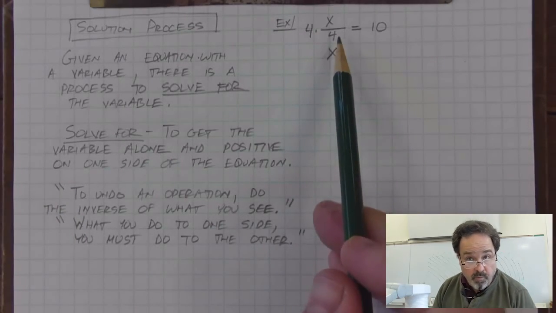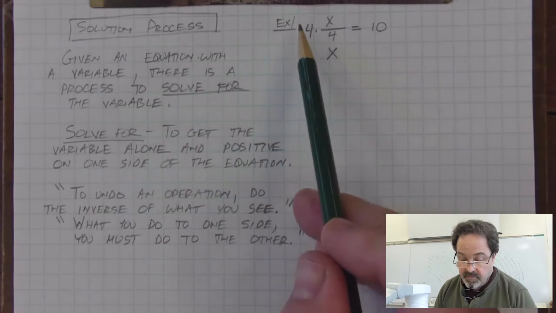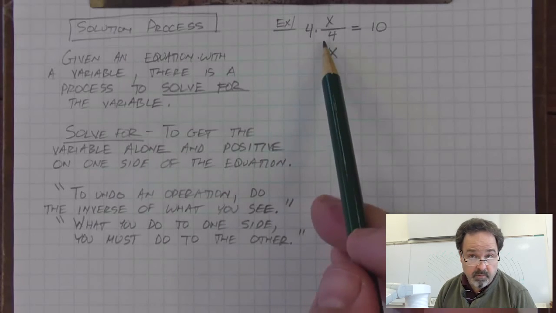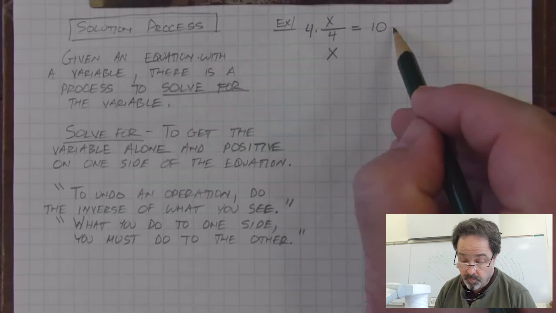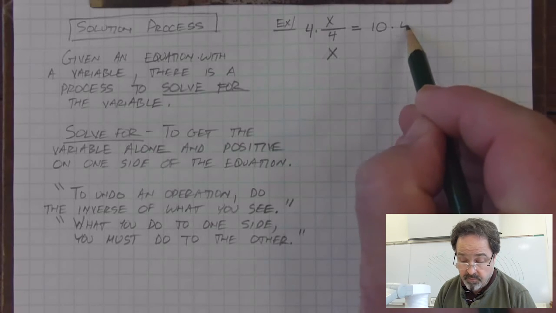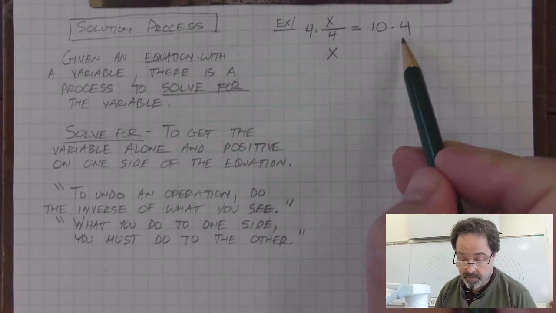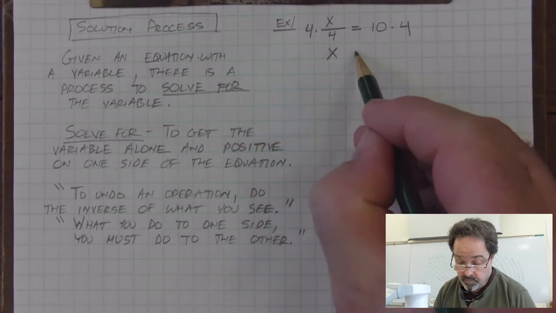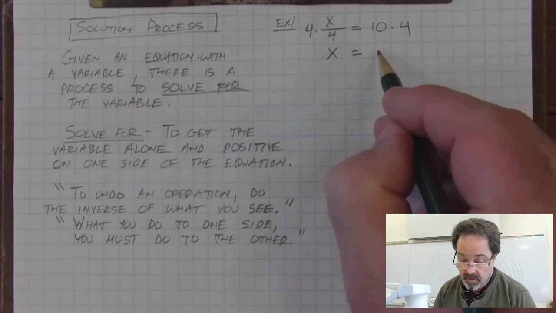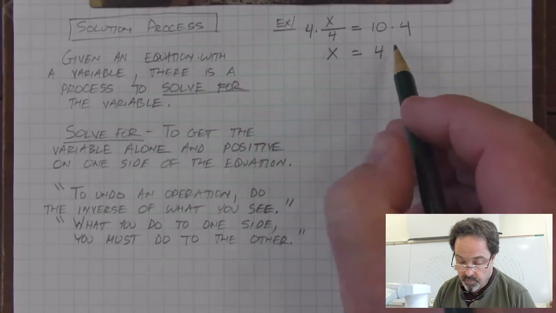So we chose to multiply this side of the equation by 4. If we're going to preserve equality, we have to do the very same thing to the other side. We have to multiply the 10 by 4. And when we do, on this right side, we get 40.